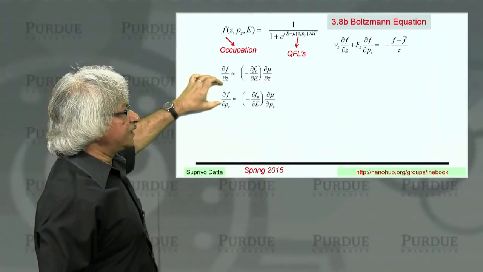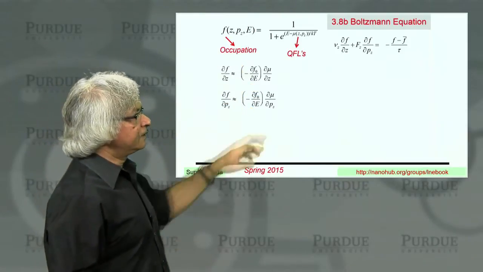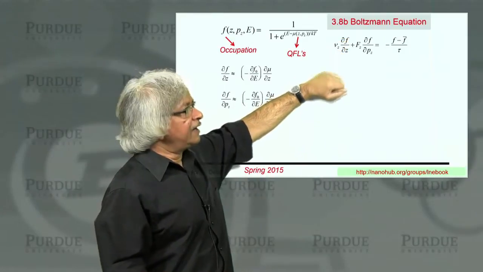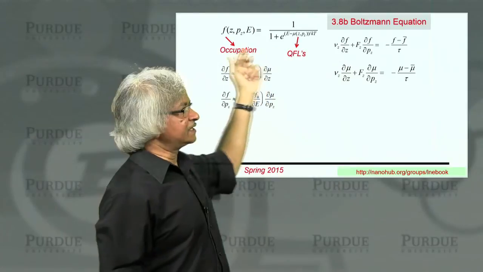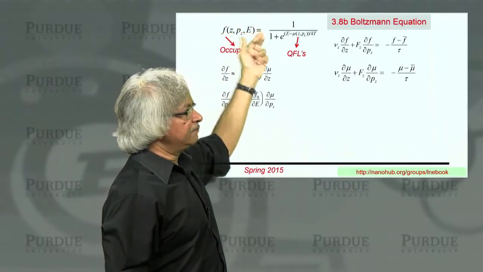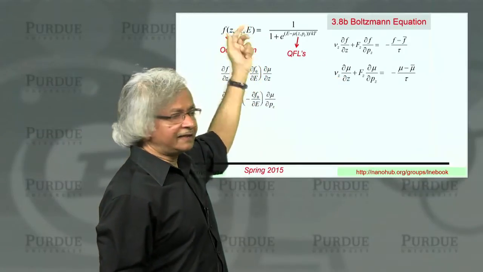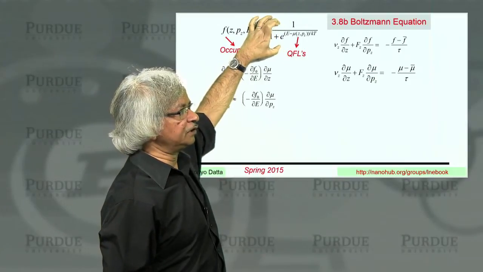Similarly, you could write del f del pz in this form. And so you could then take the Boltzmann equation, which is in terms of f, and write a similar looking equation in terms of the mu. Just as f depended on z, pz and e, here the mu depends only on z and pz, because as far as the e part is concerned, we have assumed a particular form.